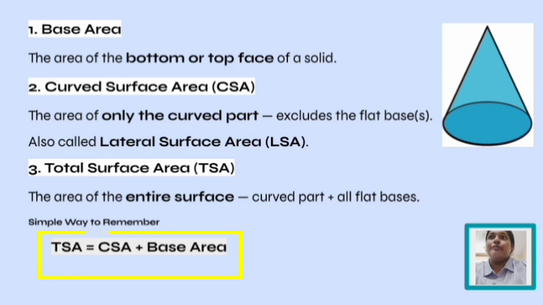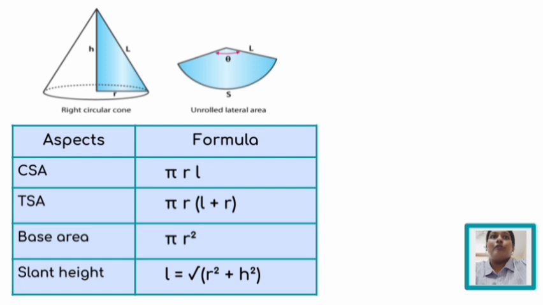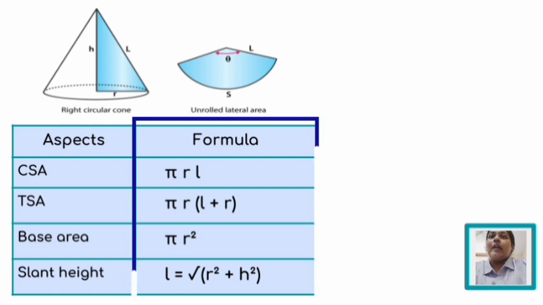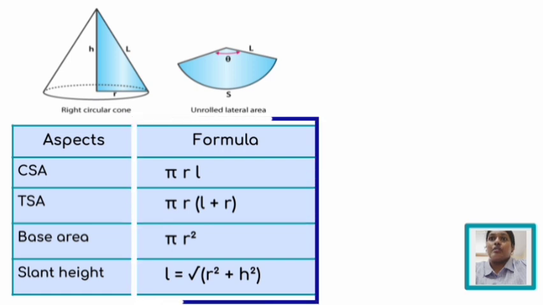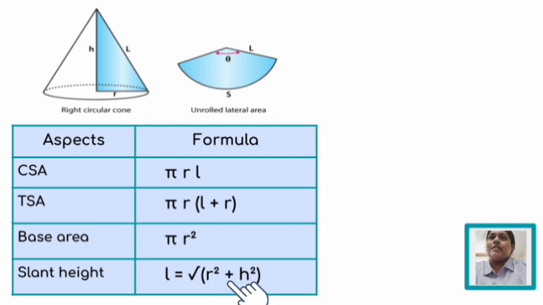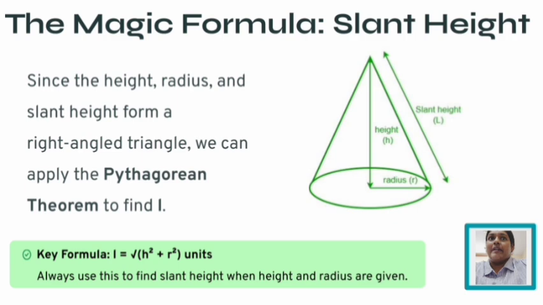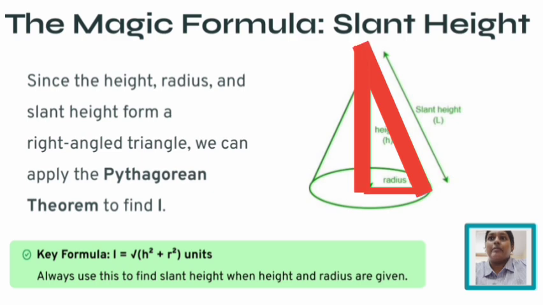Okay, now we are on the most important part, the formula table. Look at this table carefully. You can note this as it's very important. Now let's understand the slant height formula. Look at the cone diagram. You can see 3 measurements. The height, which goes straight down from the apex to the base center, the radius, which goes across the base, and the slant height, which goes from apex to the edge of the base. Do you notice something? These 3 form a right angle triangle.